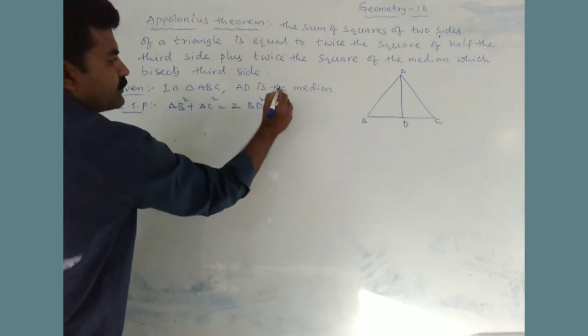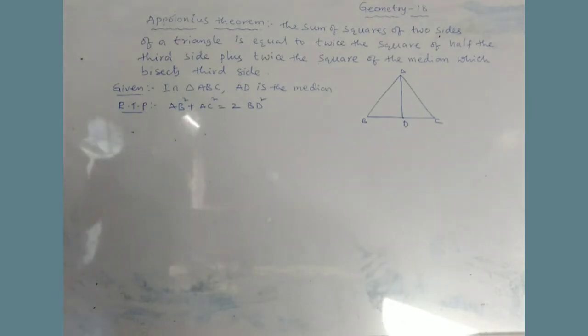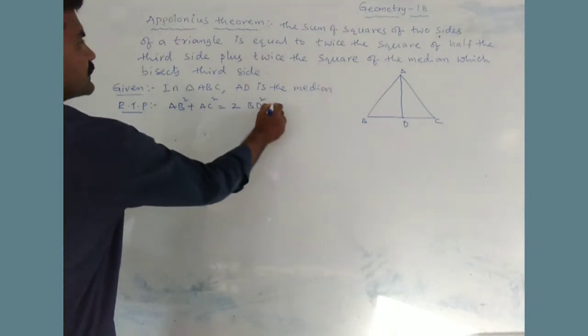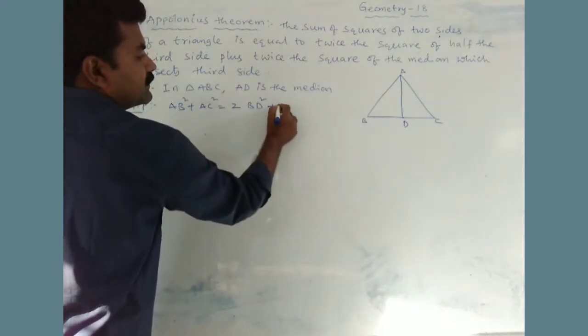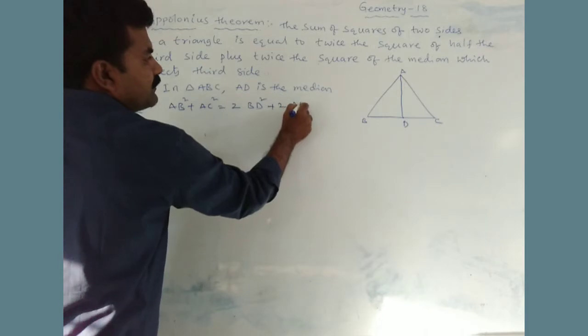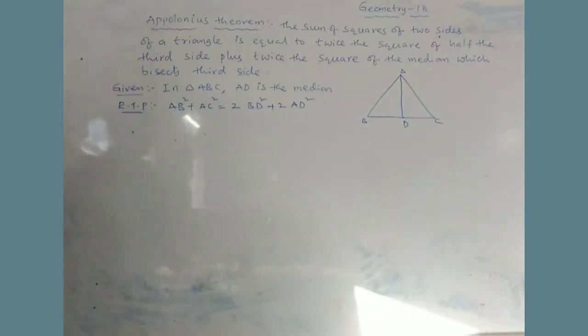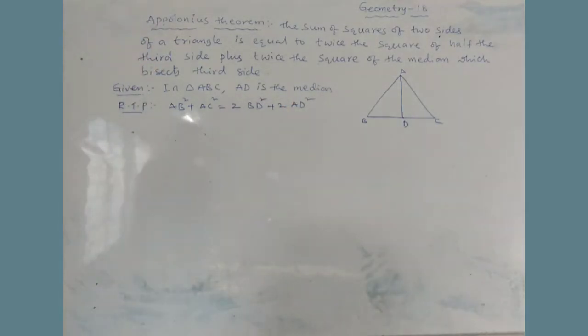Twice the square of that is 2 into BD square, plus twice the square of the median, which is AD square. So hence we need to prove that AB square plus AC square is equal to 2 into BD square plus 2 into AD square.